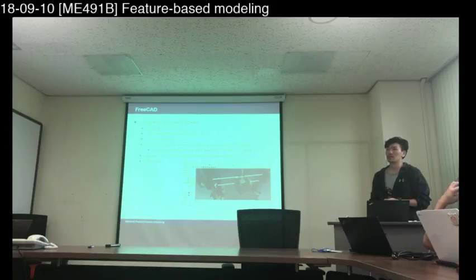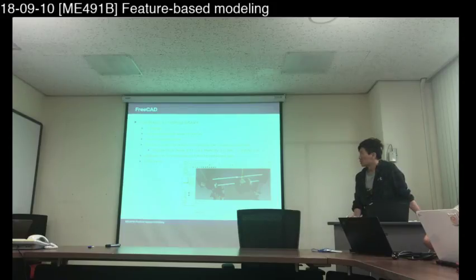FreeCAD is, I think, the best open source CAD system. It is a parametric 3D modeler. FreeCAD uses Open Cascade, which is a geometric modeling kernel, and it is also open source.